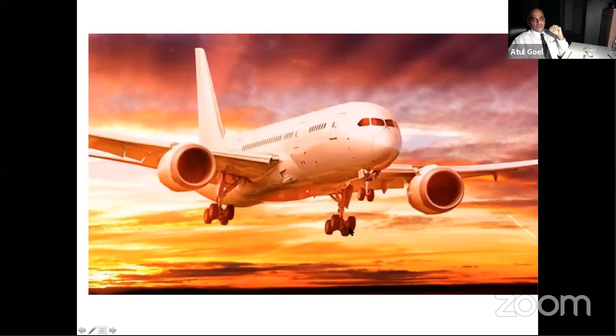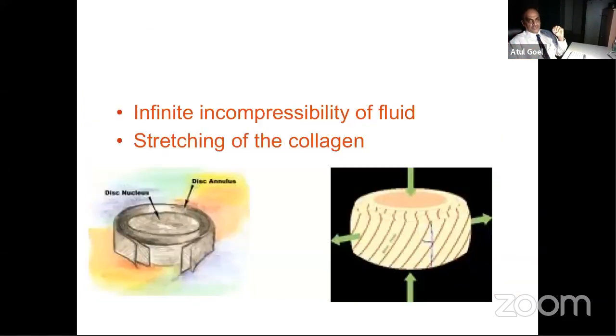Like your car, if the car tires are not full of air, the car will not be able to run for even a few meters. So that air in the car is like a disc. So disc is a very important structure. This has two parts. One is the annulus fibrosus and one is the nucleus pulposus.